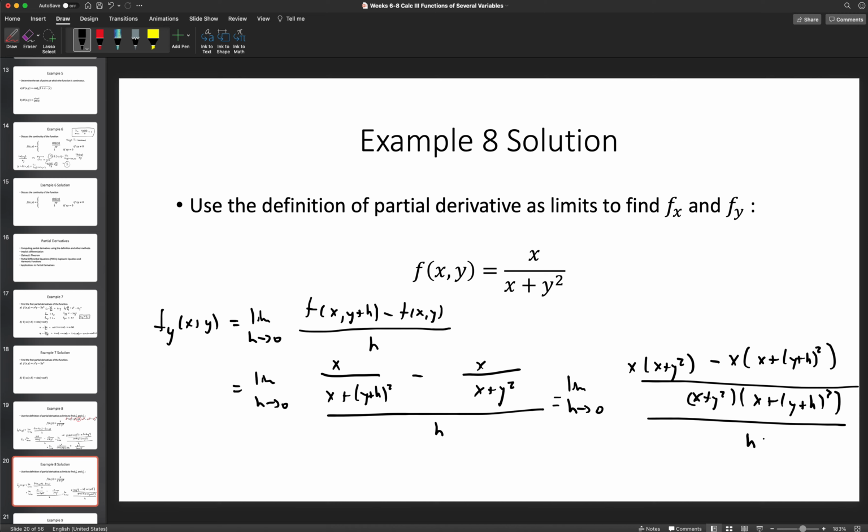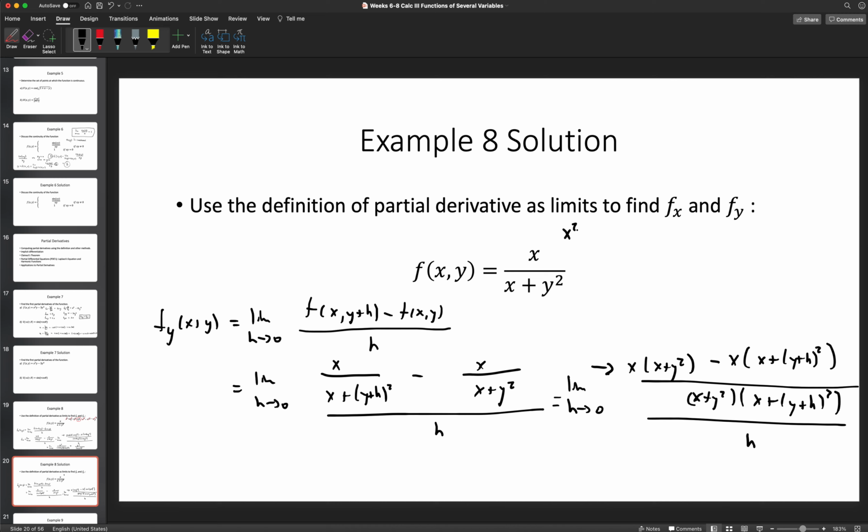Okay, and I'm going to pull the same exact trick where I'm going to try to simplify the numerator as much as I can before placing it back into the problem. So let's look at that.